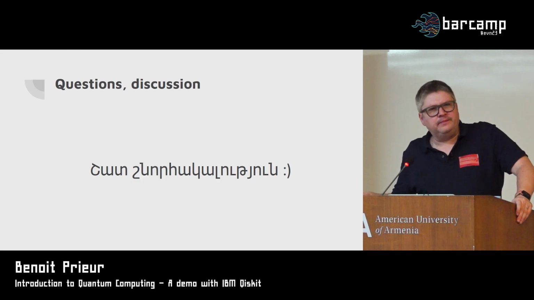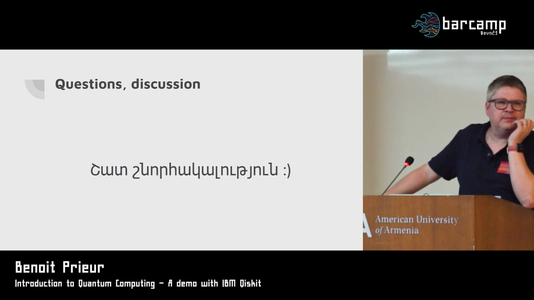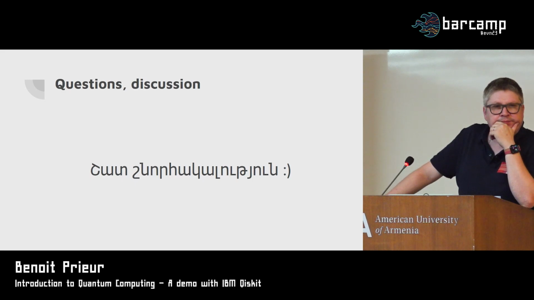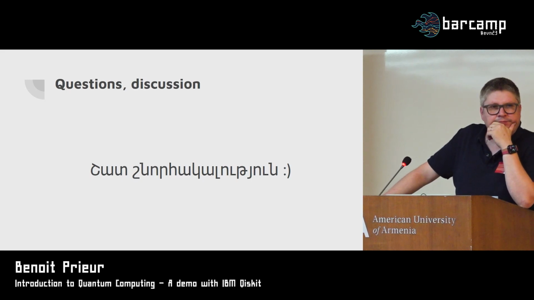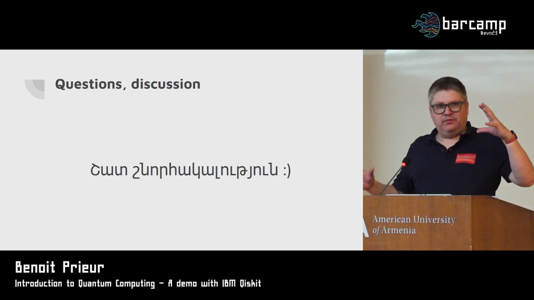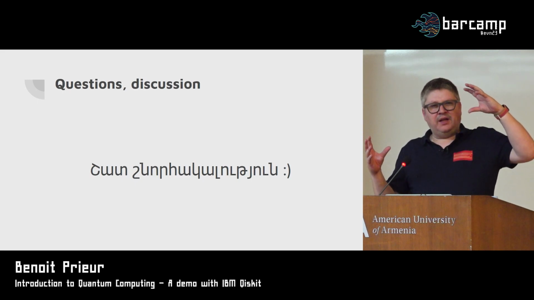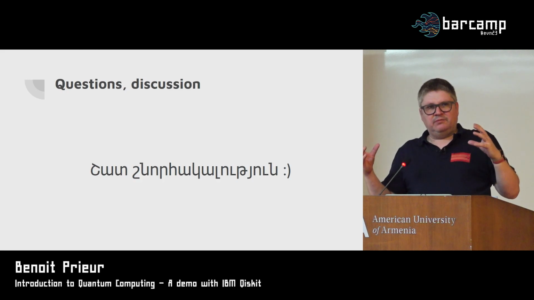In one slide we saw that zeros and ones have different probabilities. So zeros have slightly more and the ones have slightly less. Is it always like this? Actually, for example, if you have 1 qubit, you have 2 values, 0 and 1, and you have a kind of linear combination between these 2 values.